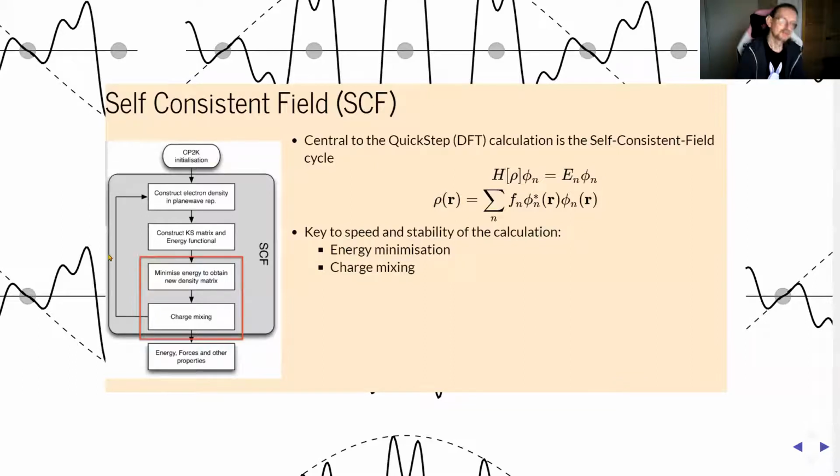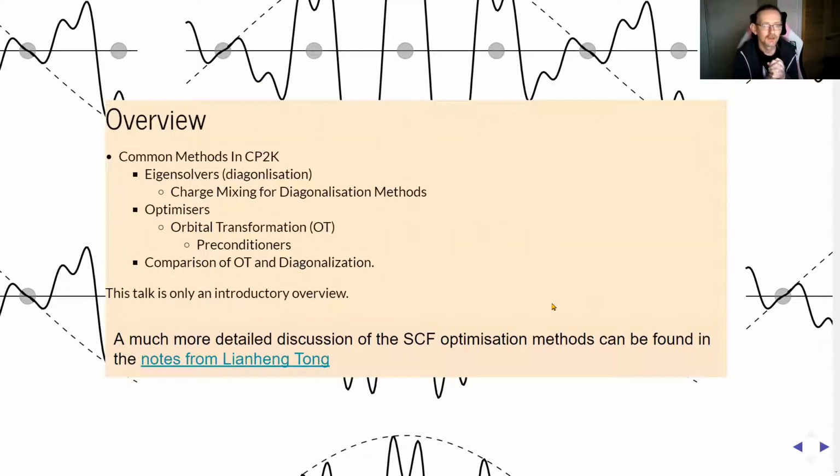So again, it's this cycle of take a density, construct the Kohn-Sham matrix from it, work out what the eigenvalues and eigenvectors of that problem are, use that to construct a new density, rinse and repeat until you've got a consistent set. That's the standard method. If I share these notes, there's a more extended version of this from Lianheng that can be found online.